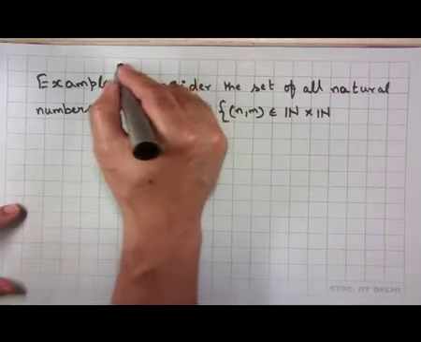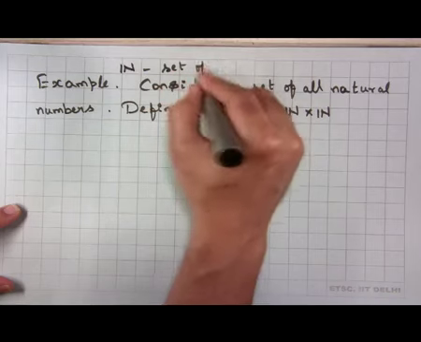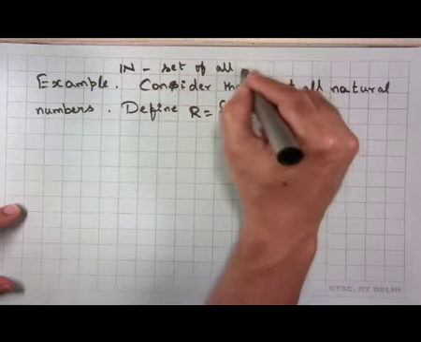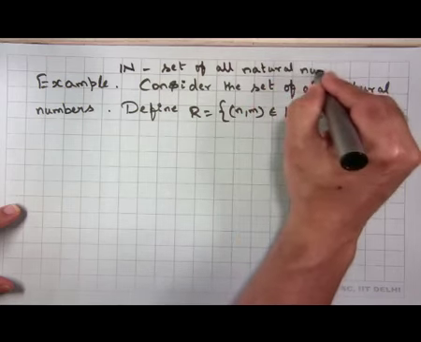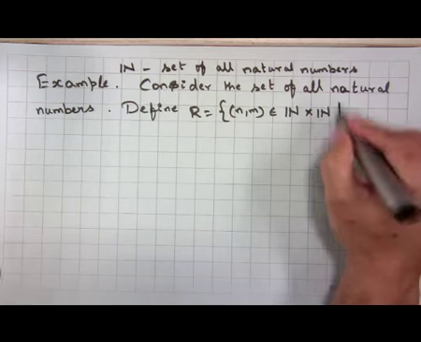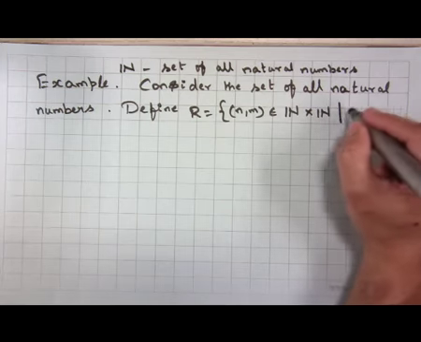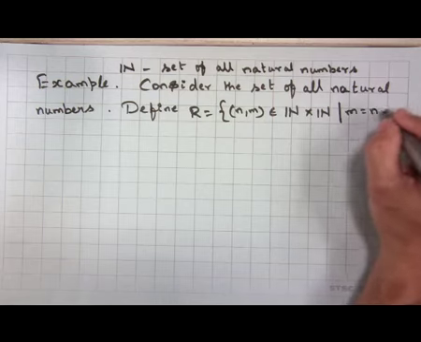Let me write down on the top, N is the set of all natural numbers such that with the condition that m is of the form n plus 5.